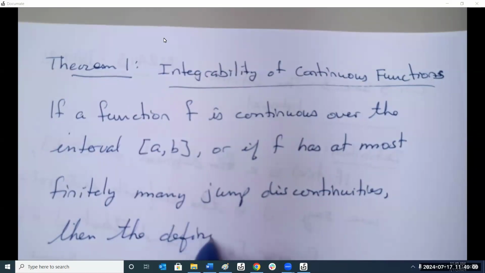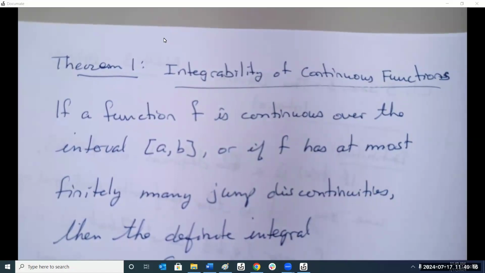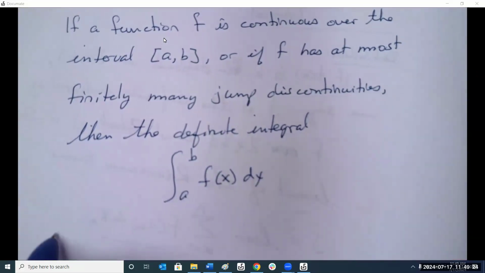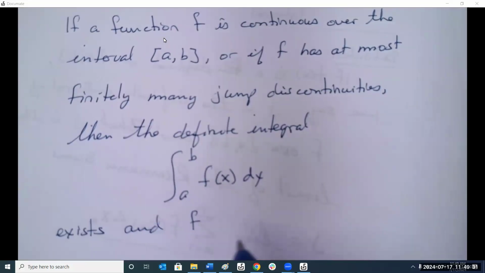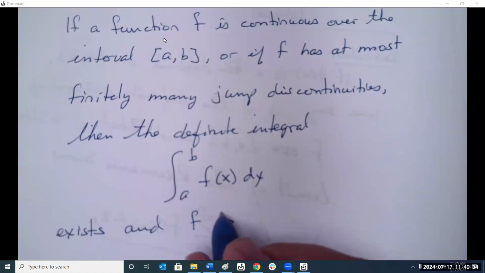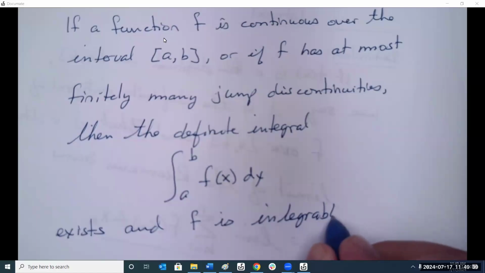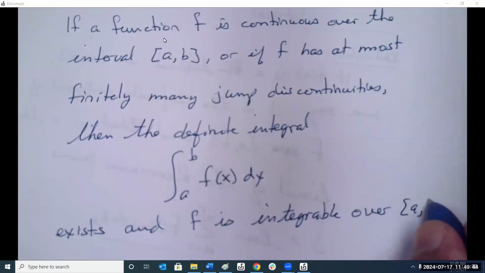then the definite integral of f of x dx from a to b exists, and f is integrable over the closed interval.